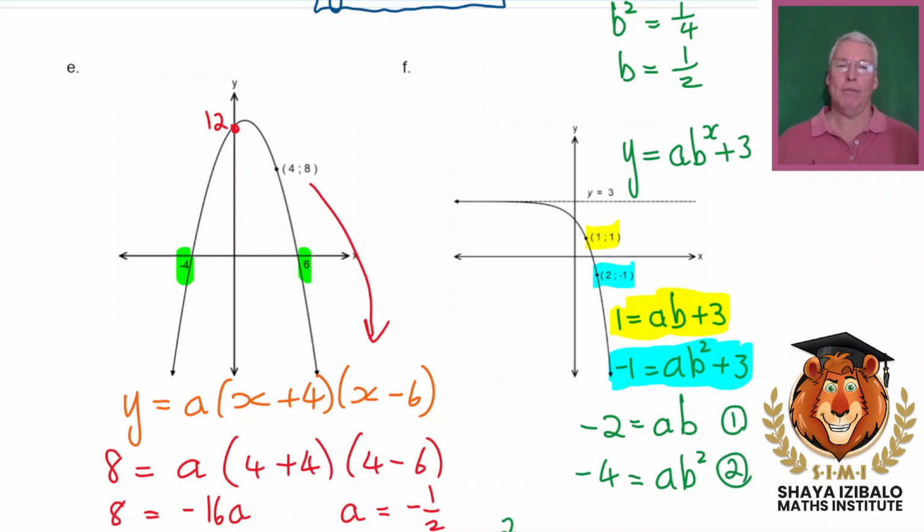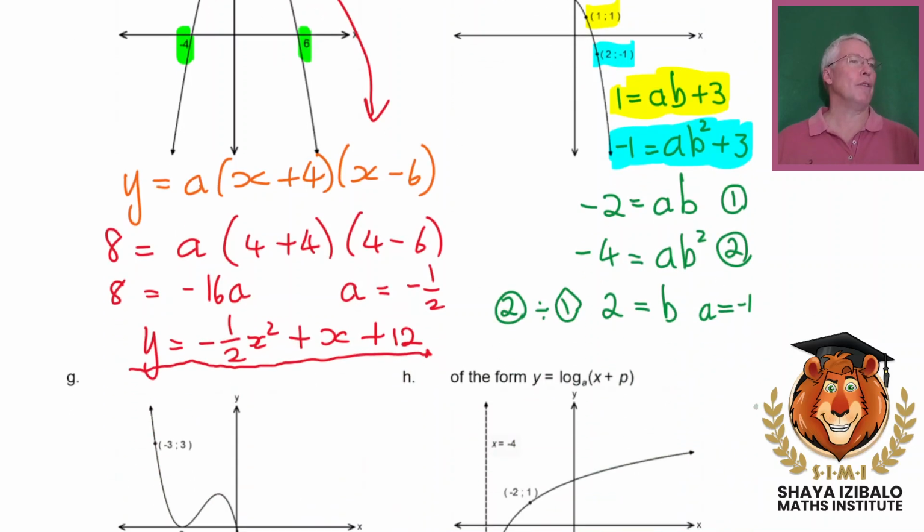If we took equation number 2 and divided by equation number 1, we get negative 4 divided by negative 2, we get 2. Notice that the a is eliminated and we get b equals 2. Right, and if b equals 2, then we can sub that in and solve for a, and we get a equals minus 1. And our final answer for this question is going to be y equals negative 2 to the x plus 3.